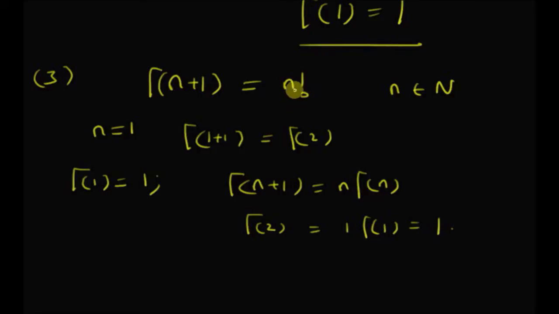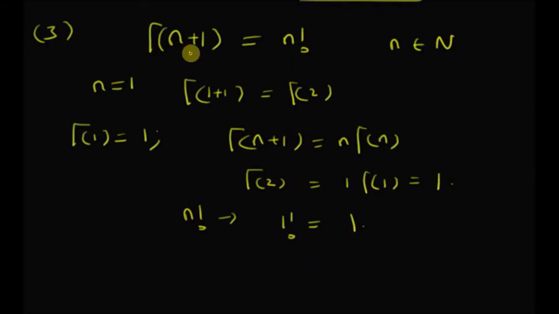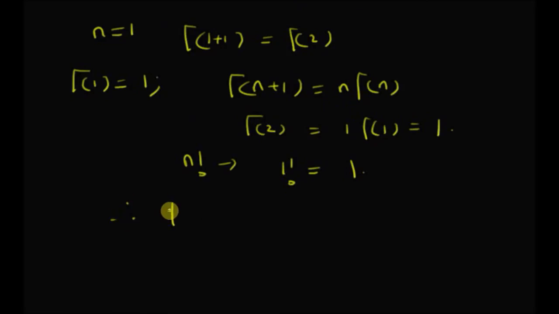And from the right hand side, n factorial with n equal to 1 is 1 factorial, which is equal to 1. Therefore, the proposition gamma of n plus 1 equal to n factorial is true for n equal to 1.